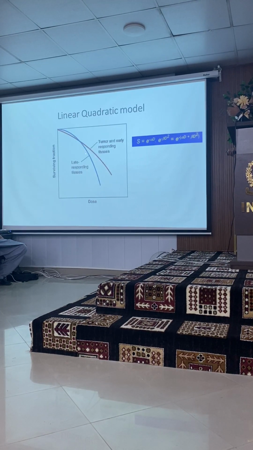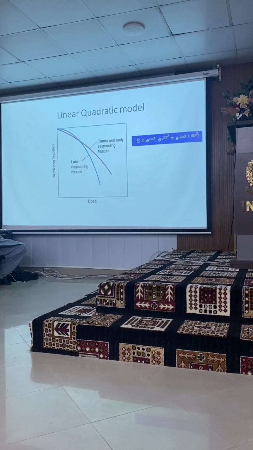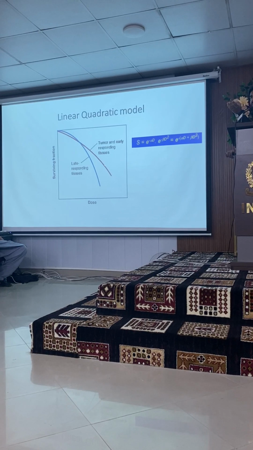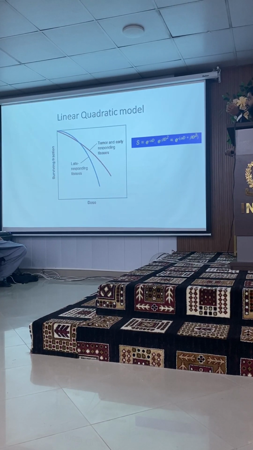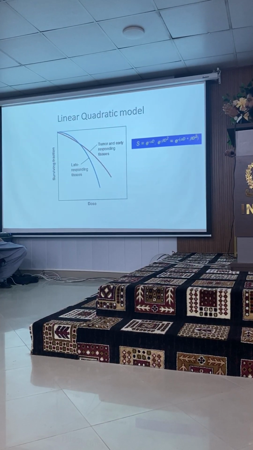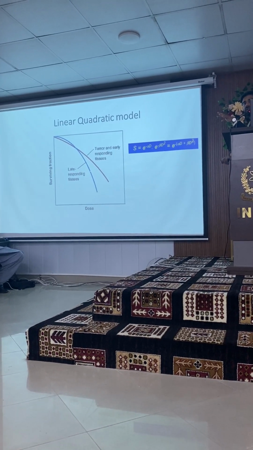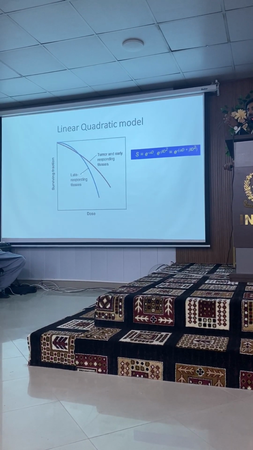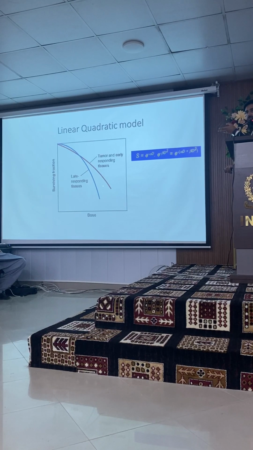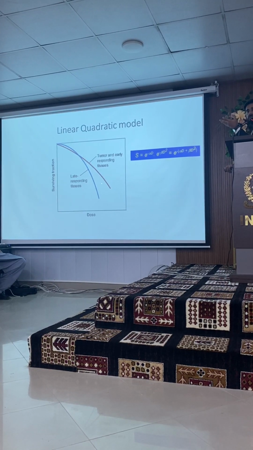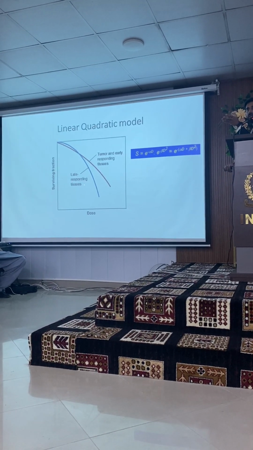Now we know that for late reacting tissues, the alpha beta is 3 gray, and for early reacting tissues, it is 10 gray. Now tumor is also a part of early reacting tissue. So in order to kill the tumor, we need to give about 10 gray. This is the thing we'll come across, because alpha beta is the dose at which we start to get some sort of cell kill.